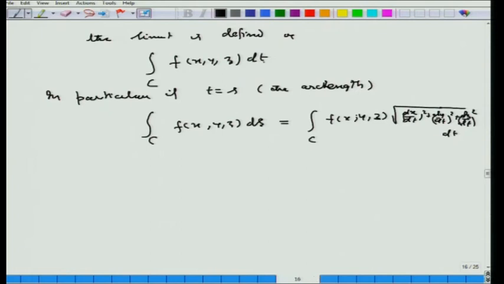Here any general parameter t is there. If parameter t is replaced by the arc length s, we have this form of the integral.